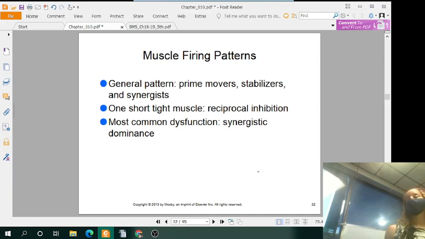But the most common thing that happens when we have dysfunction in this pattern is synergistic dominance. The muscles that are synergists with the tight muscle that's not functioning properly try to take over.